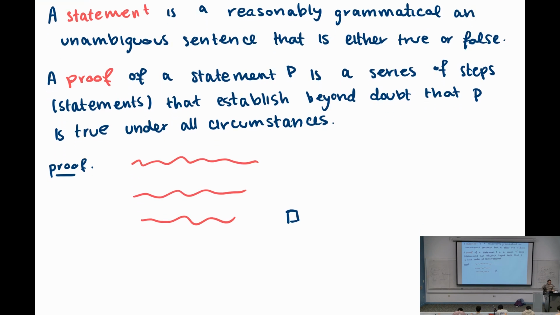Yeah, so in LaTeX you can write begin proof, and then write the content of your proof, and then end proof. And then that will produce this kind of environment.